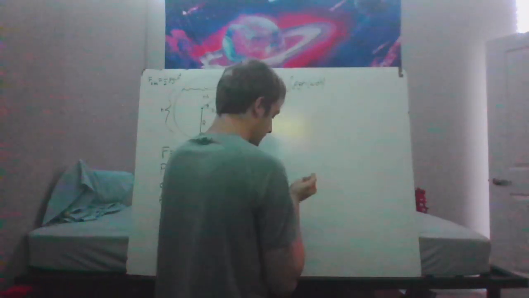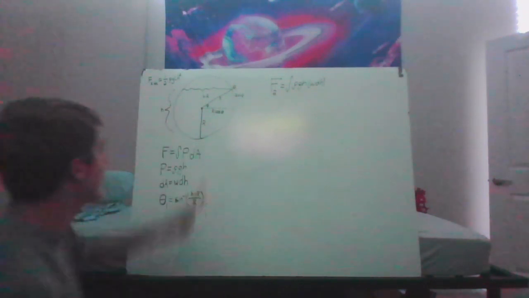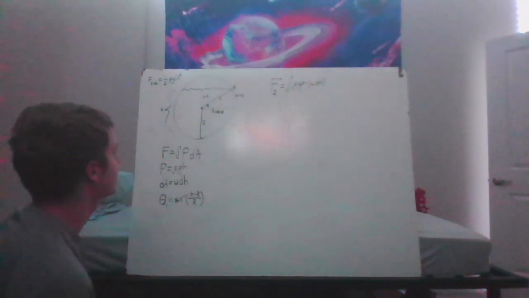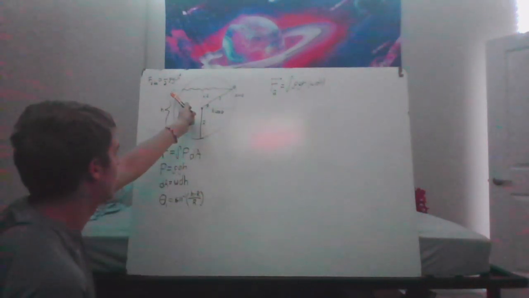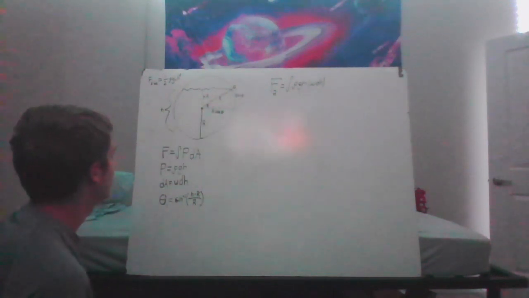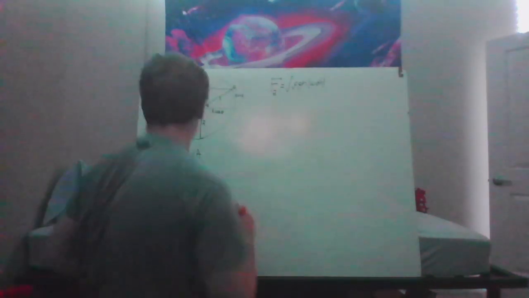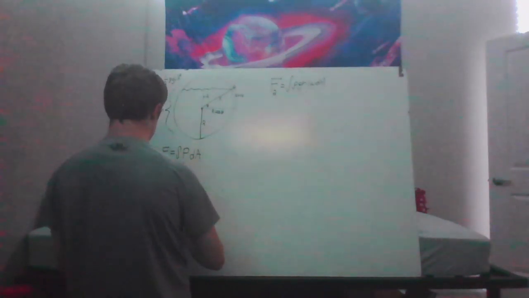And one more thing to remember is that our height will be changing in this situation as that cylinder is rolling. So we're going to need an equation for h as well.